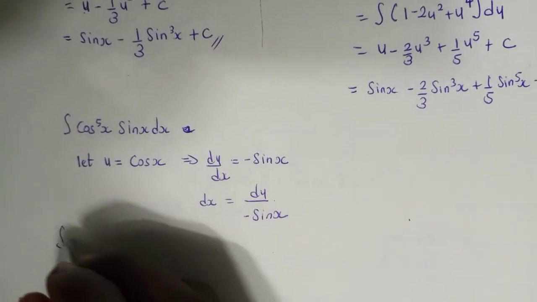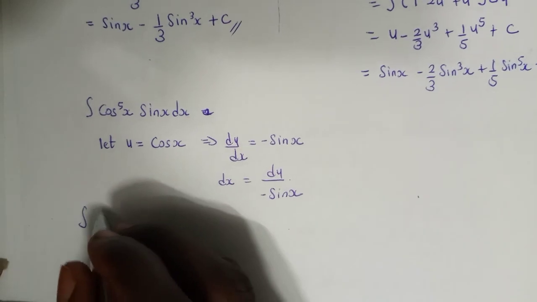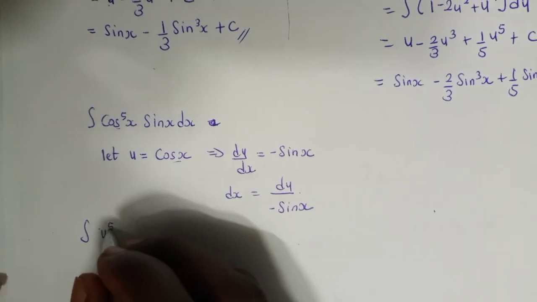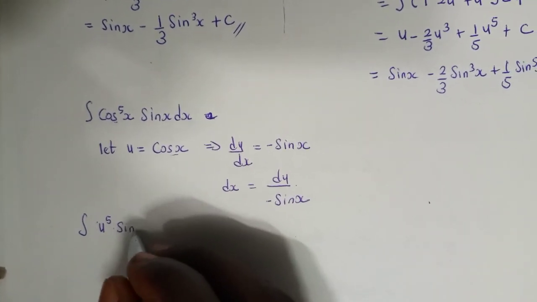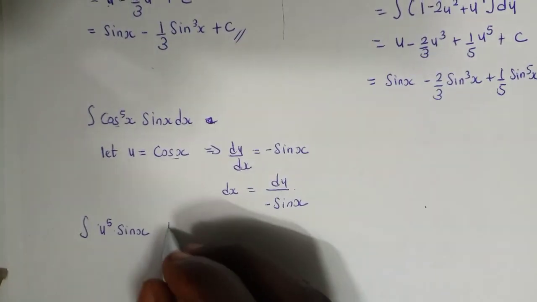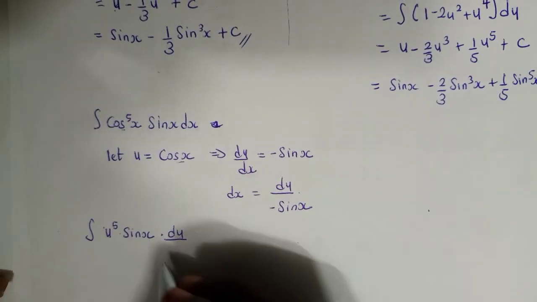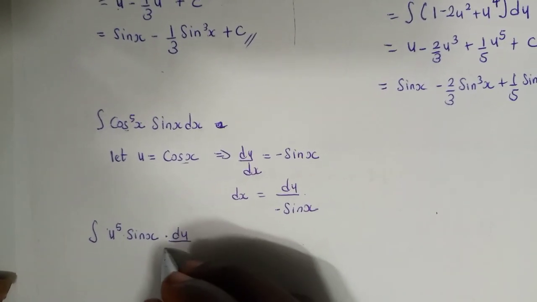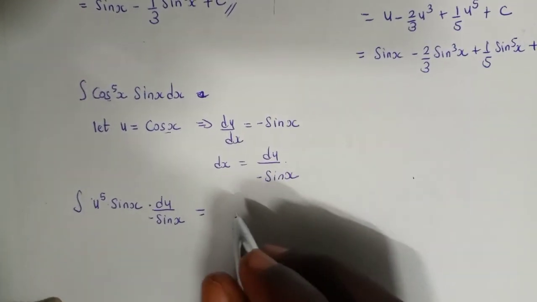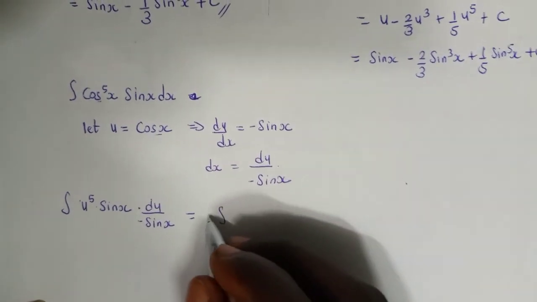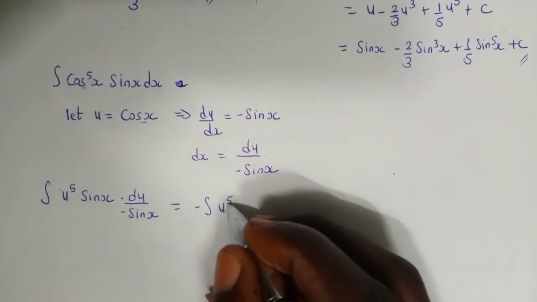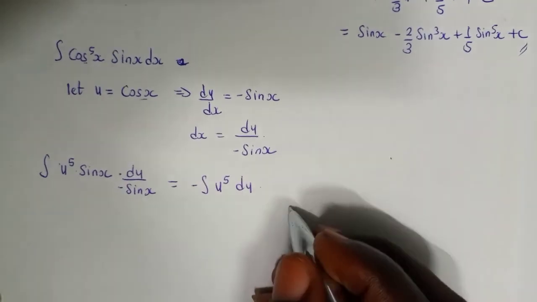So the integral of this, we know that cos x equals u. That's u exponent 5 times sine x. In place of dx, we are applying the substitution method, we are going to get du over minus sine x. So here we are going to get the integral, that's minus because of the negation, minus u exponent 5 du, we cancel sine x.